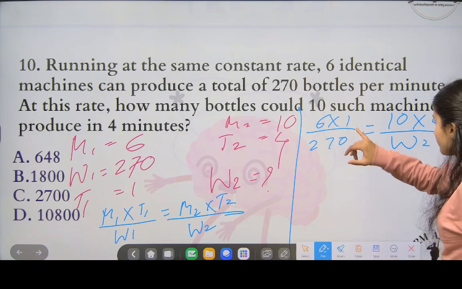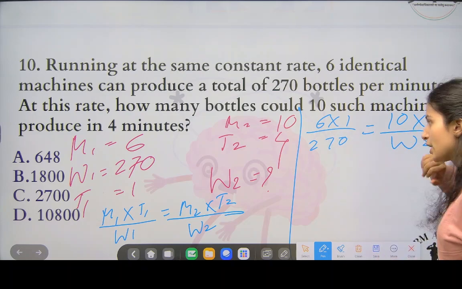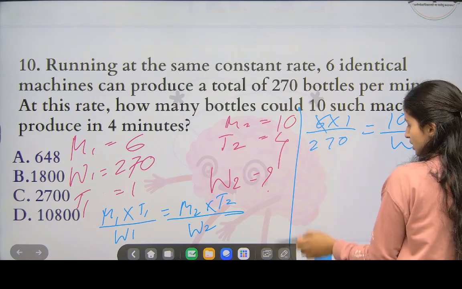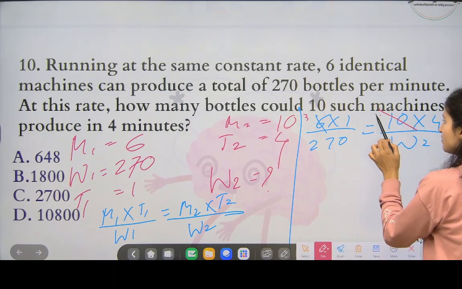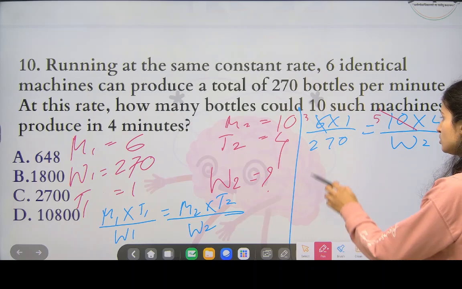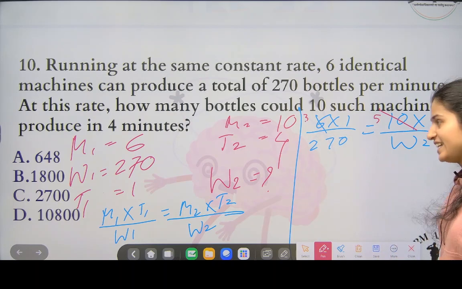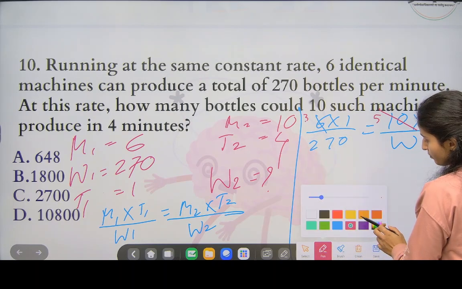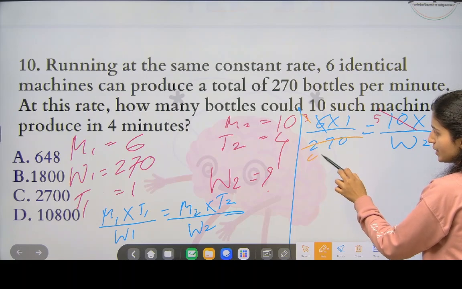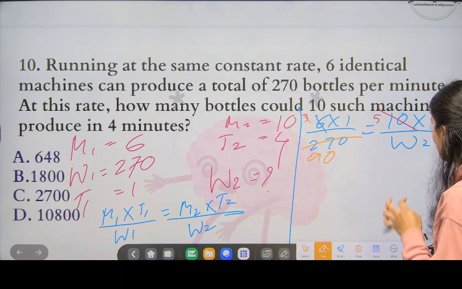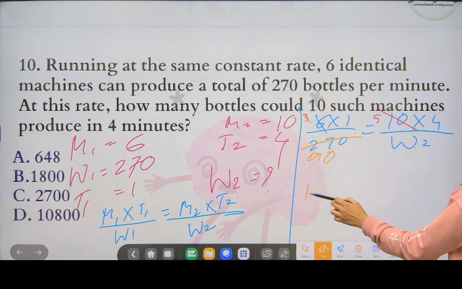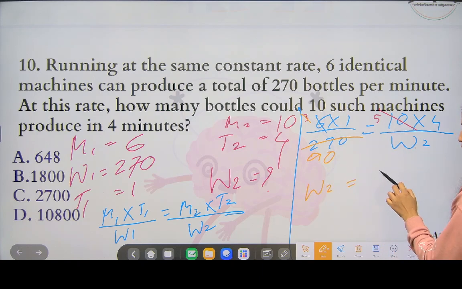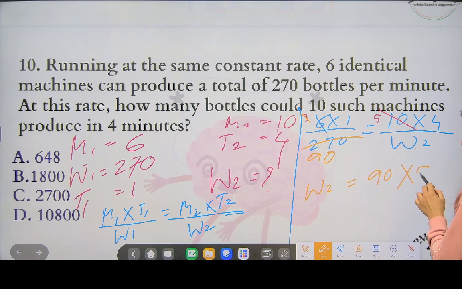Now see here, 6 and 10 come in the 2 table, so I can divide them. 2 threes are 6 and 2 fives are 10. Now 3 and 27 come in the 3 table. 3 ones are 3, 3 nines are 27. Now this is divide here, after going there it is multiplication. So W2, the work, is equal to 90 into 5 into 4 into 4.